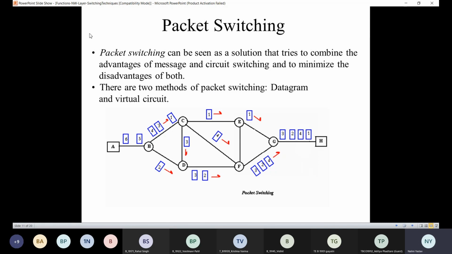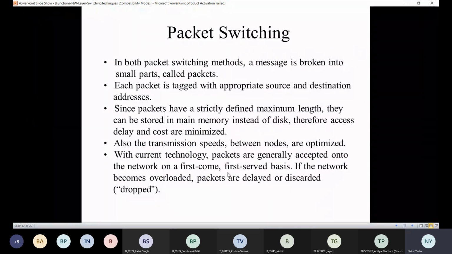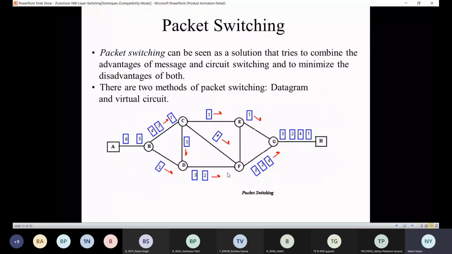Say 1 is going with this path, then 2 may follow another path, then 3 goes with this path. In this manner, every packet follows a different path, a shortest path or a congestion free path at that moment, and then tries to reach the destination. Fine. So there are two methods of packet switching.